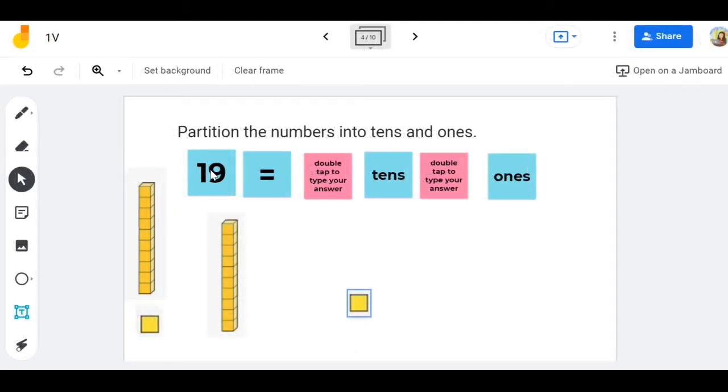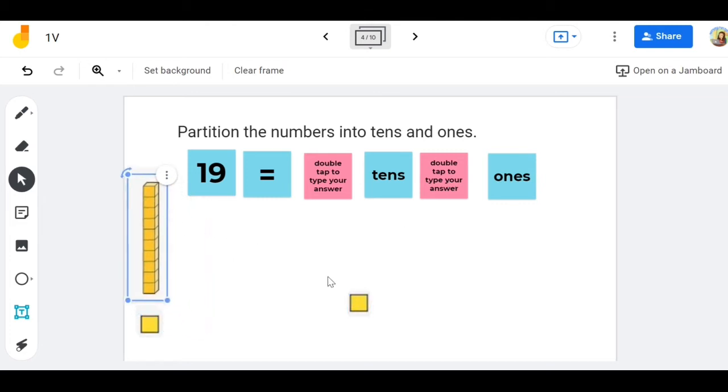We've got the number 19. We want to show how many tens and how many ones this number has, and then write how many tens here and how many ones over here. Okay, that's how you complete that task.